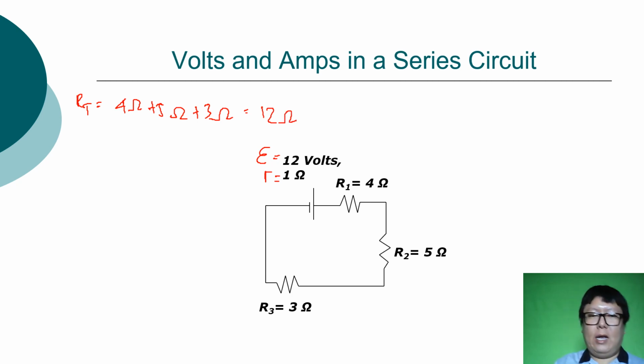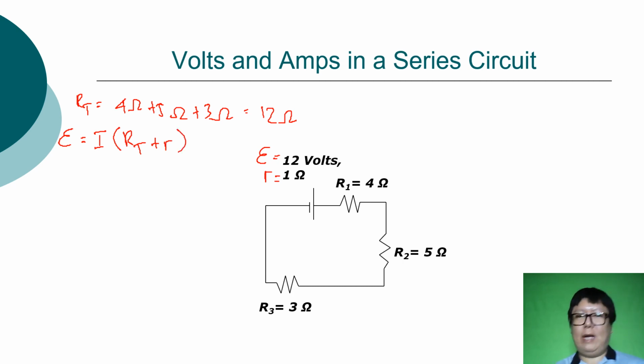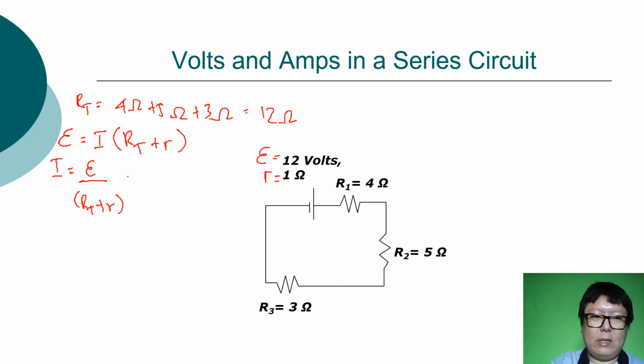Okay, and after that, how to find the current? Remember, the EMF, in our last video we have already discussed, right? EMF equals I times the R total plus internal resistance, right? Then we have to find the current. I equals EMF over R total plus internal resistance.